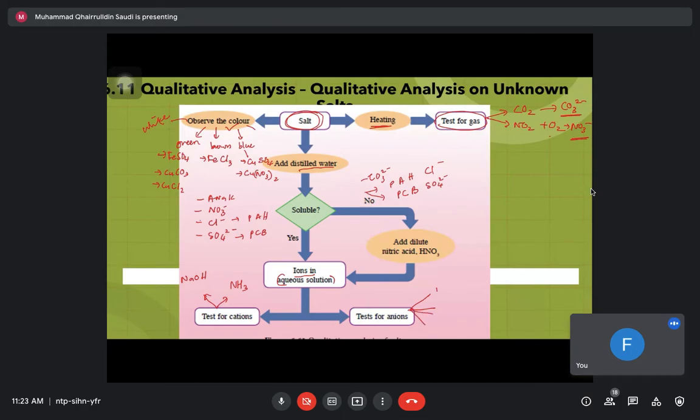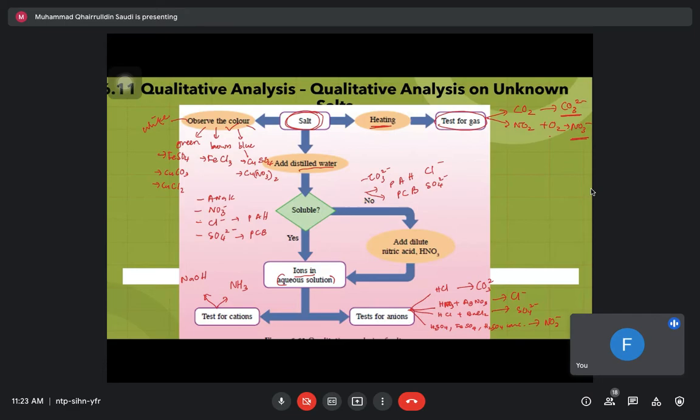Sama ada kita tambahkan acid plus silver nitrate, ataupun awak tambah acid and barium chloride, ataupun awak tambah sulfuric acid, iron 2 sulfate and concentrated sulfuric acid. Baru awak tahu ini untuk test nitrate ion, ini untuk test sulfate ion, ini untuk test chloride ion, ini untuk test carbonate ion. Ini semua yang kita dah belajar.